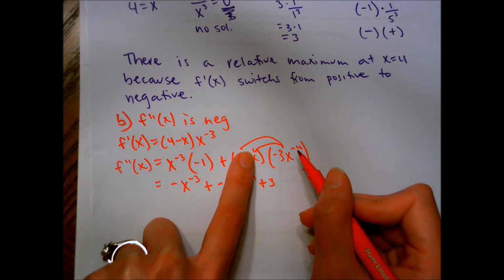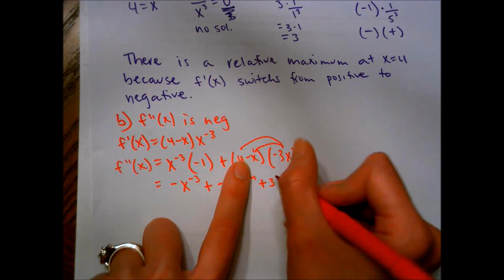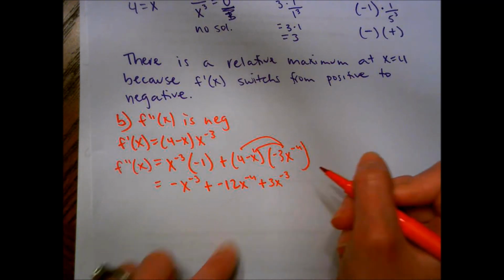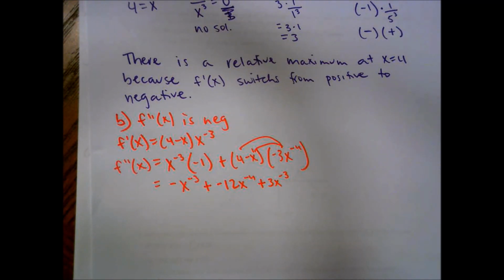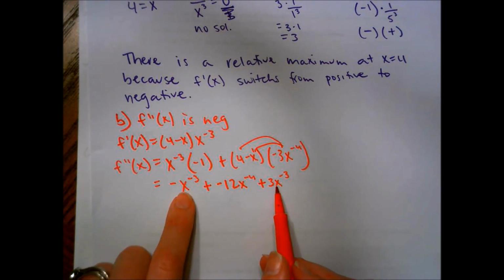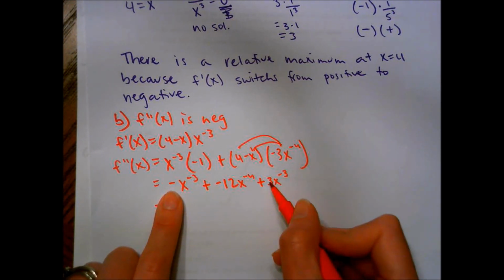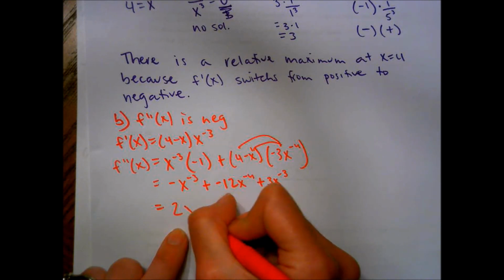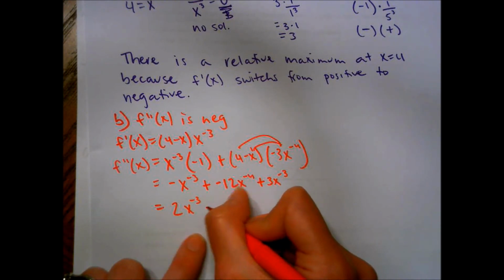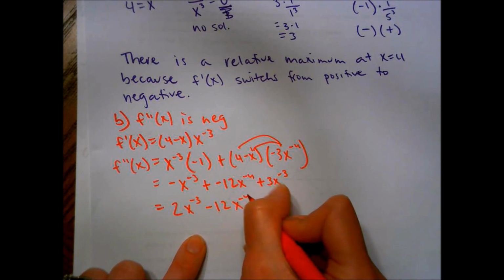So 1 plus negative 4 would be negative 3. Then we can combine our like terms, the x to the negative 3's, which would be negative 1 plus 3 is 2, so that'd be 2x to the negative 3 minus 12x to the negative 4.